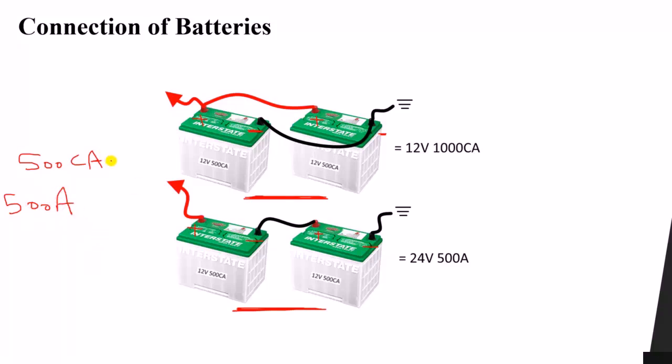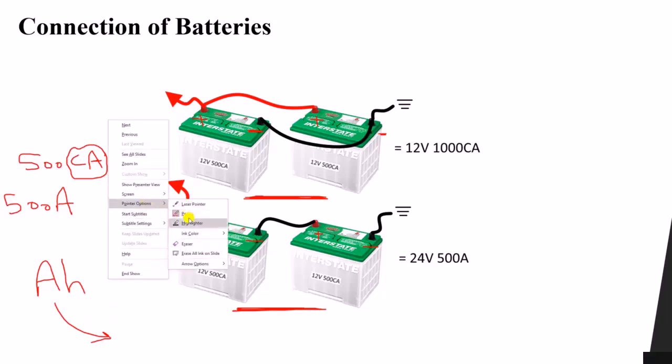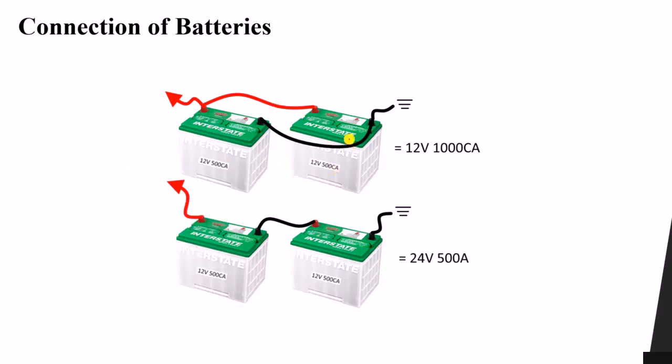Usually in our PV system, we don't use the cranking ampere, we use the ampere hour, or how many amperes our battery provides for 1 hour. In this configuration, each battery can be considered as a DC voltage source. So we have the first battery, positive, negative, and the second battery, positive, negative.